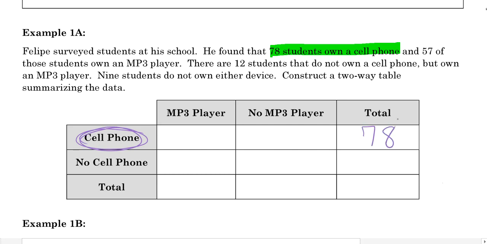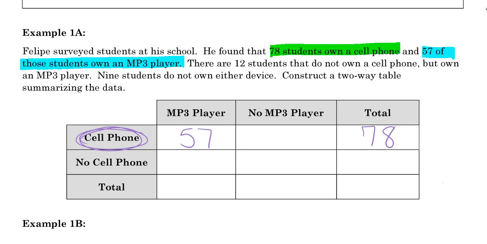So that 78 goes in the total for that row. It then goes on to say that 57 of those students own an MP3 player. So that's where we would go into the first cell of that row, and the students that own a cell phone, 57 of them own an MP3 player.